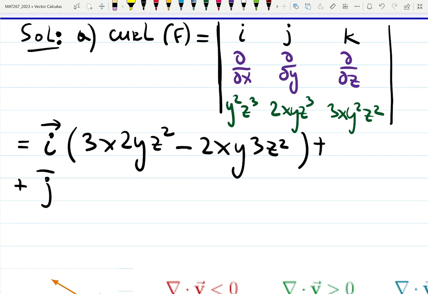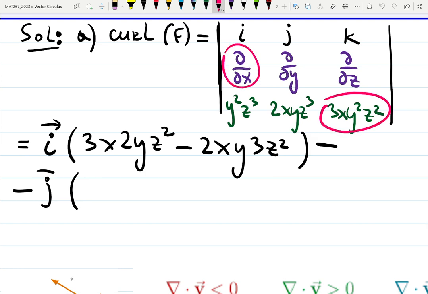i, j, k. Minus, don't forget that. Are you catching up? I feel like that's not very new material. We just have to be careful with minus and plus. So minus the derivative of this with respect to x, what does it give you? 3y squared z squared.